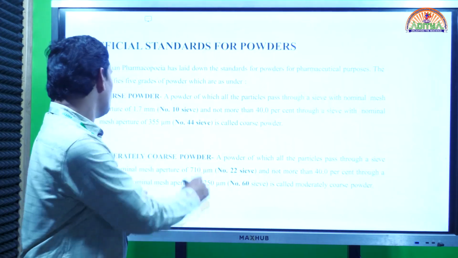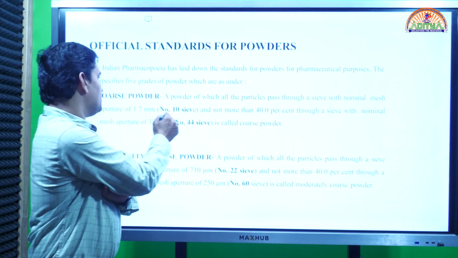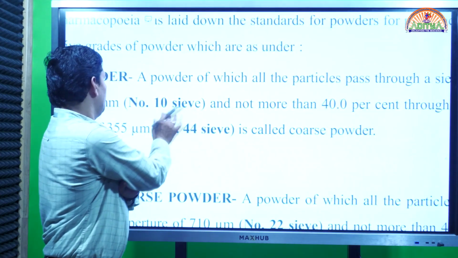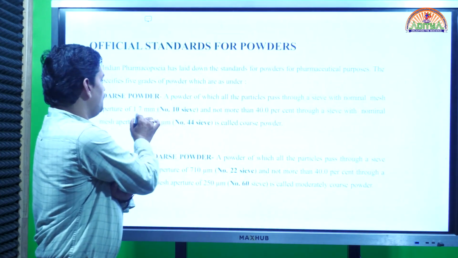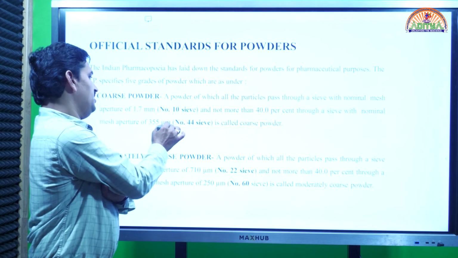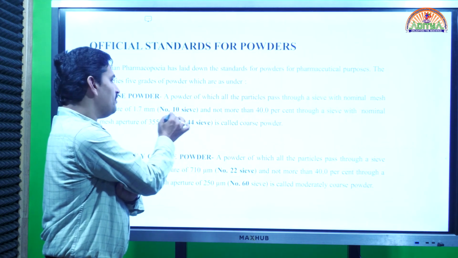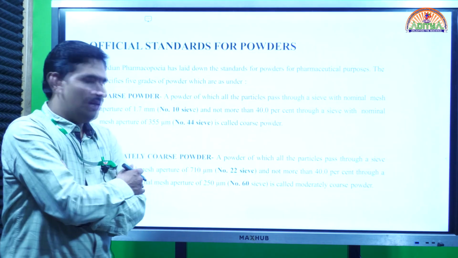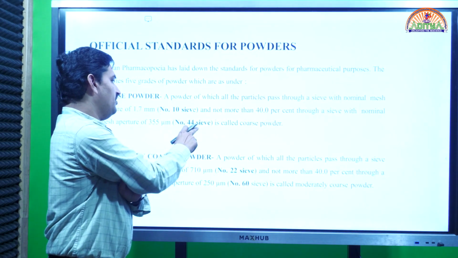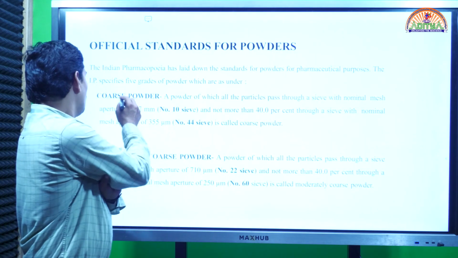Coarse powder means particles which can pass through sieve number 10, that is having an aperture size of 1.7 mm, and 40% of particles can pass through sieve number 44. All the particles can pass through sieve number 10, but only 40% can pass through sieve number 44. Such a size of particles are called coarse powders.